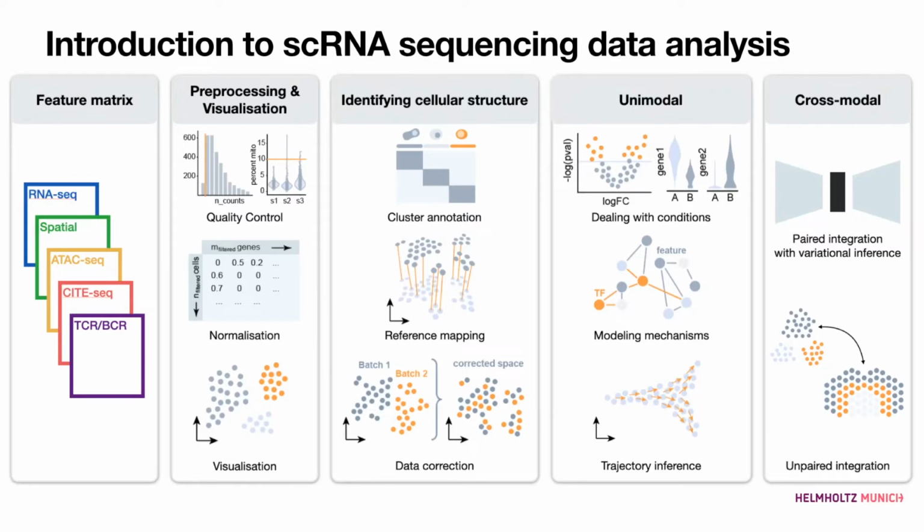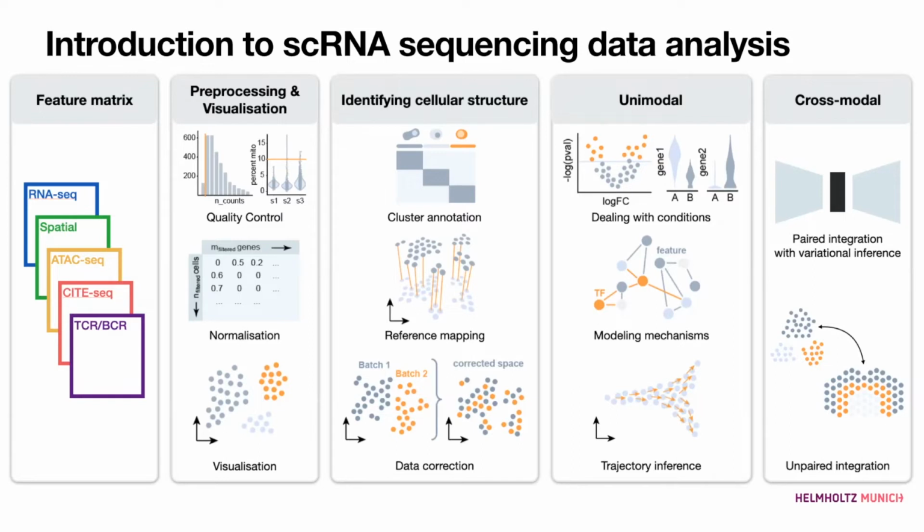To do this, there are a couple of steps one needs to take for processing this data. The first step is preprocessing and visualization. This is a lot of quality control, normalization of the data, and then of course some visualization, for example UMAP plots. After you have preprocessed your data, you can go on to identify different groups of cells in your data.